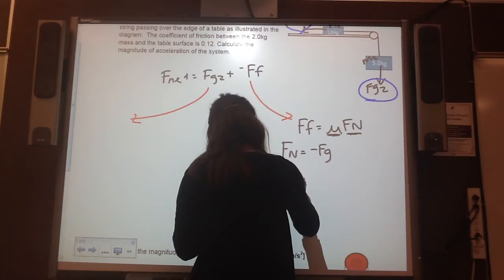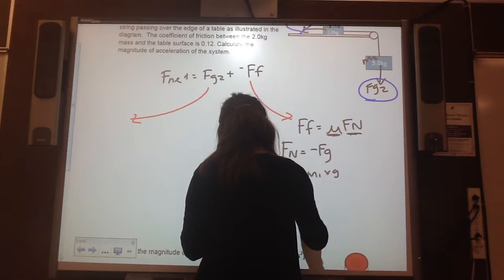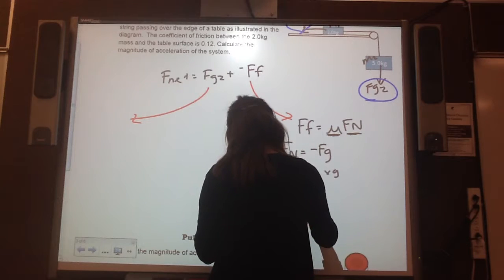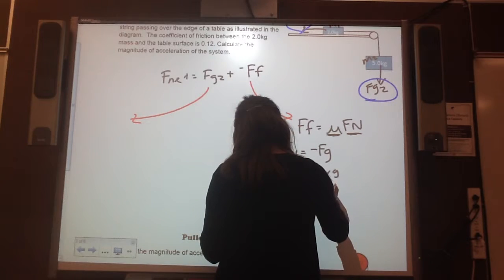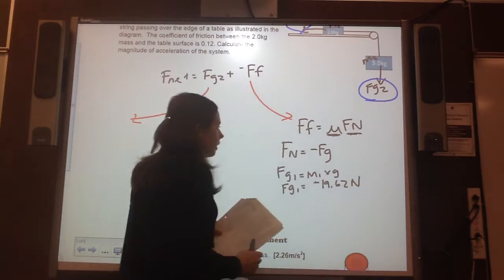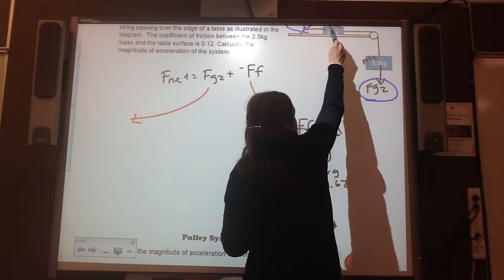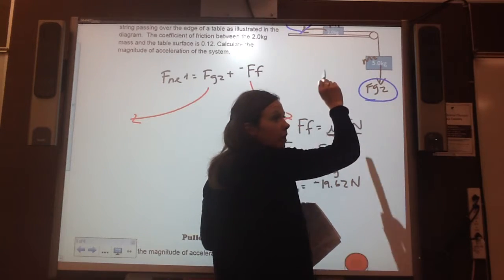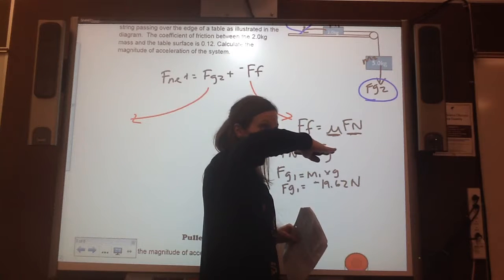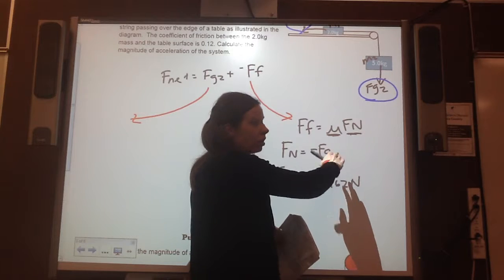So Fg1 is equal to m1 times g, because this mass is the one I'm talking about. It's not going up or down, so I can set F net of my vertical to 0, which means Fn is equal to negative Fg.